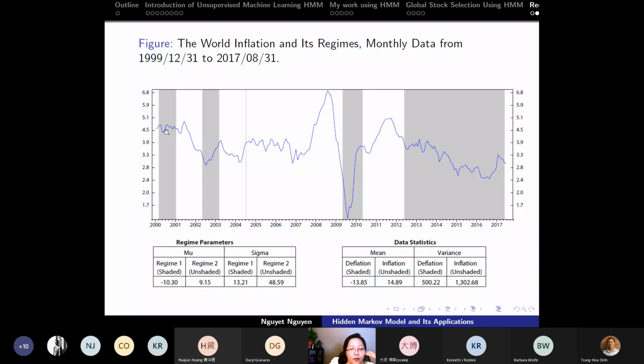That means all the data in this shaded area comes from the normal distribution with this mean and this standard deviation. Like a hypothesis, this is the assumption. We need to have an assumption, and the model will give you the results.